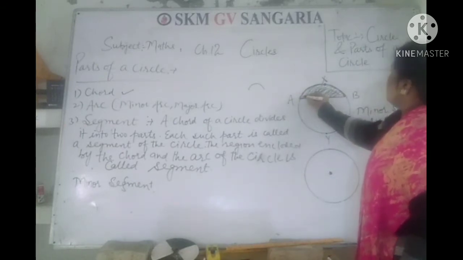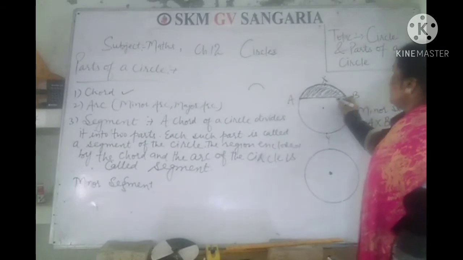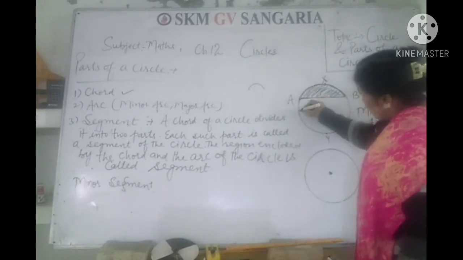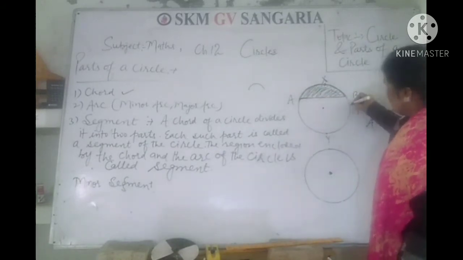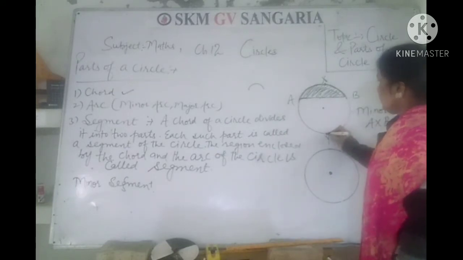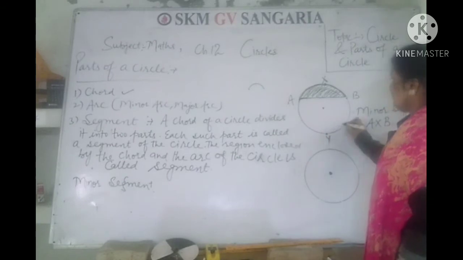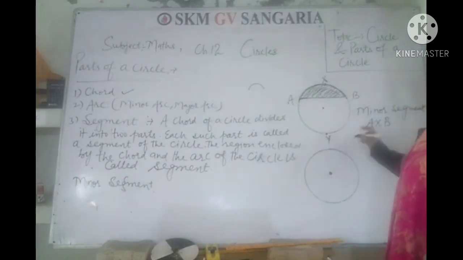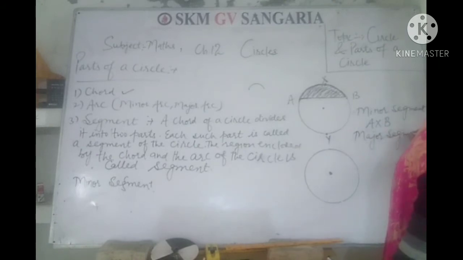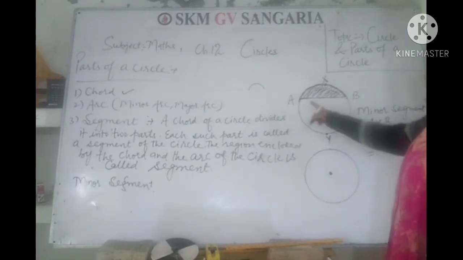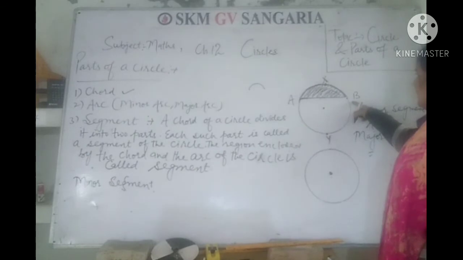This is the chord, and for writing the major segment we will take a point Y here on the arc, on the circumference of the circle. Then the major segment will be AYB.